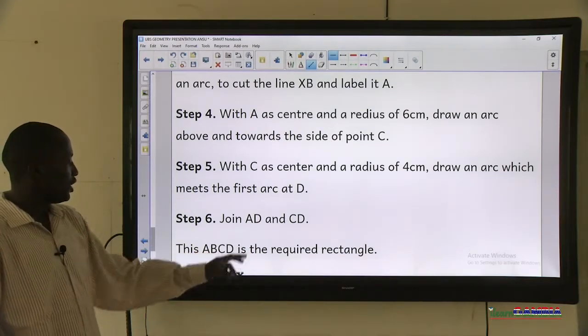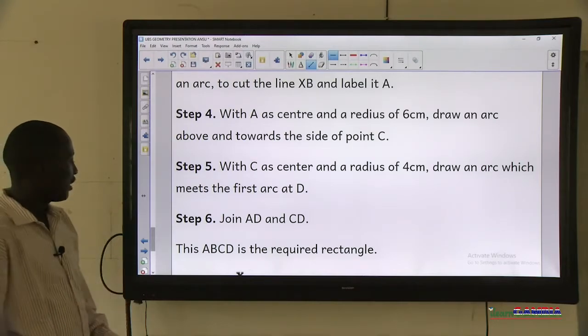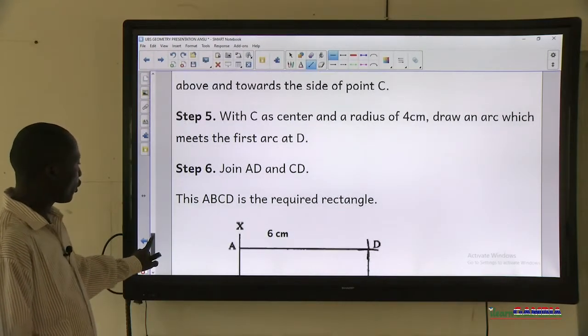This ABCD is the required rectangle that we are supposed to construct.